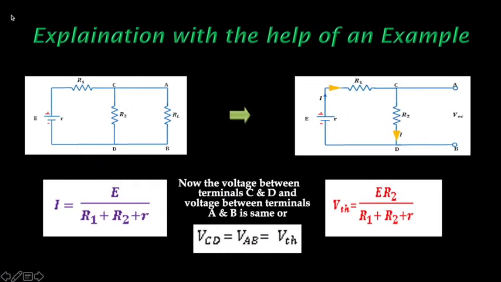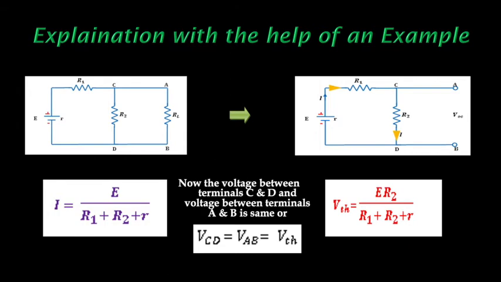The theorem can be explained with the help of an example. Let us consider a circuit consisting of resistances R1, R2 and RL and an EMF source E with internal resistance r, as shown in the figure. We have to find out the current through the load resistance.